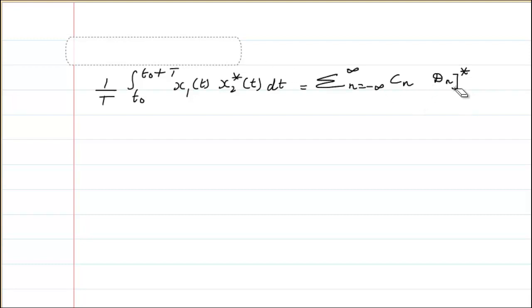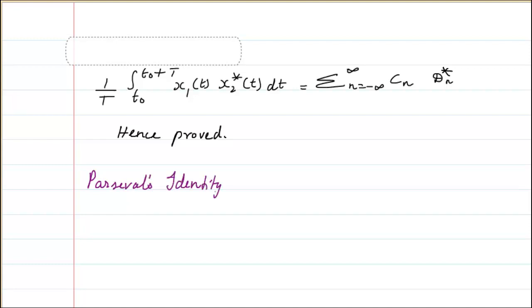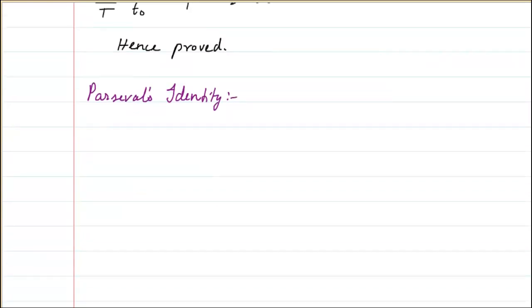I can take out the bracket and I can straight away write dn conjugate. Hence proved. Now we have to prove the second one, which is the Parseval's identity. So let us do that.